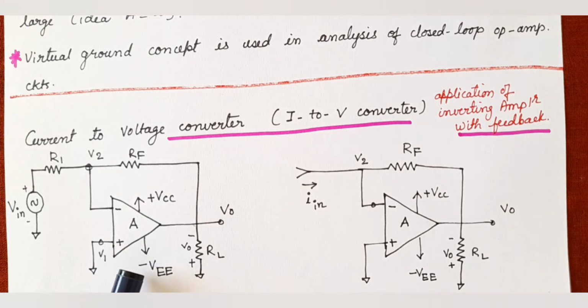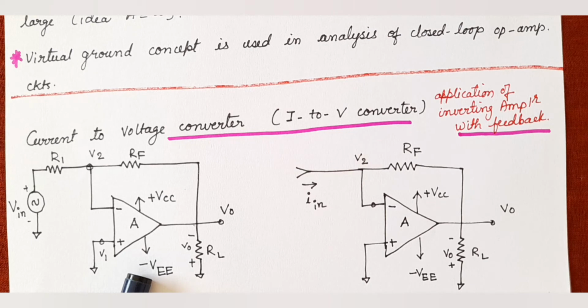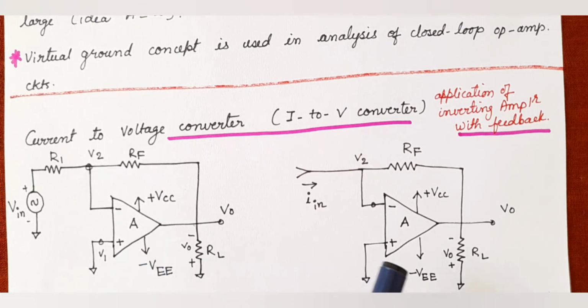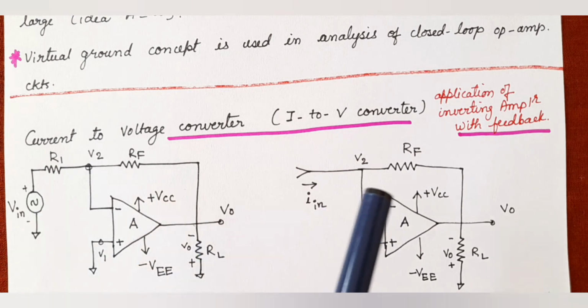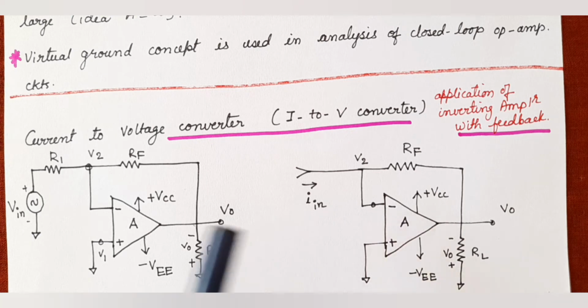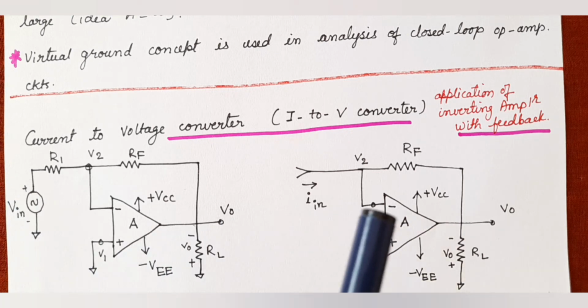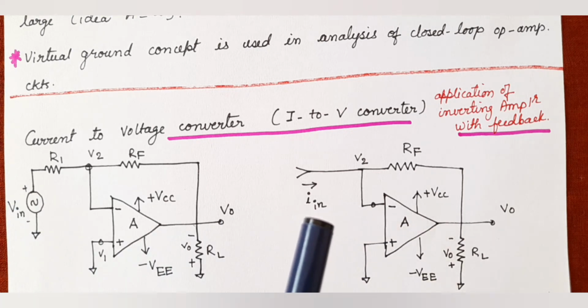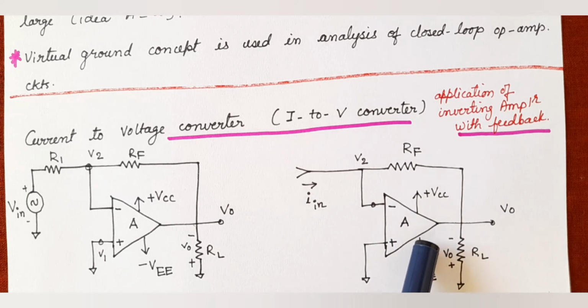So to change this inverting amplifier with feedback to a current to voltage converter, what arrangement do we have to do? Replace R1 and Vin by a current source IN. So we have replaced Vin and R1 by a current source IN and drawn the circuit.